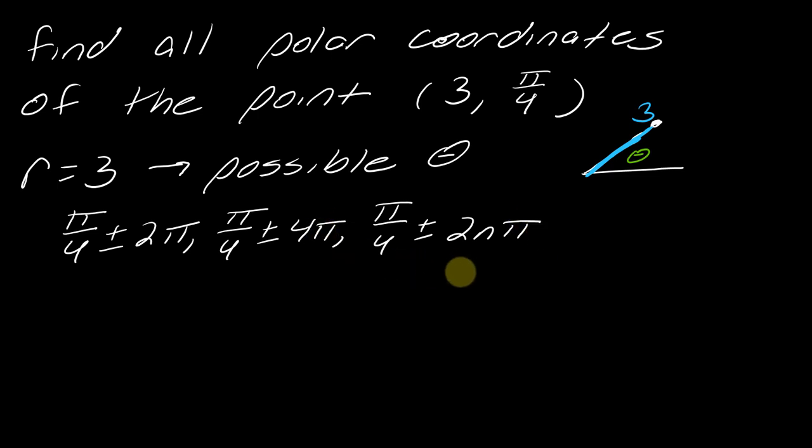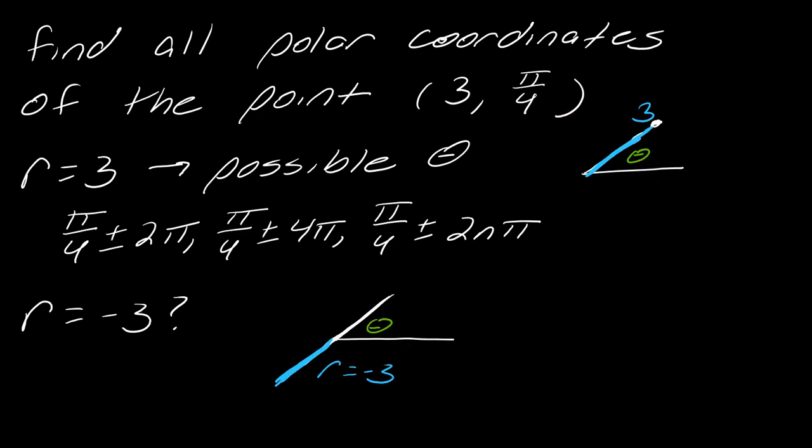We've done it. But here's the super weird thing. You can also have a negative radius. And so this is kind of where things get weird with polar coordinates. So starting with my initial orientation here, same theta, here's my theta still of pi over 4.